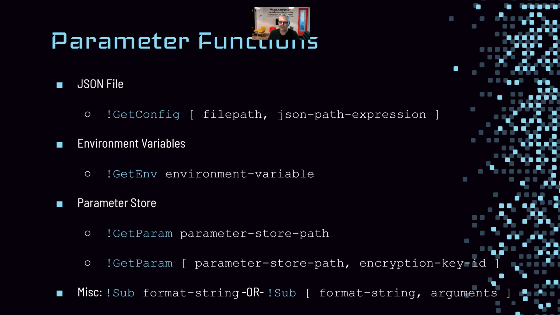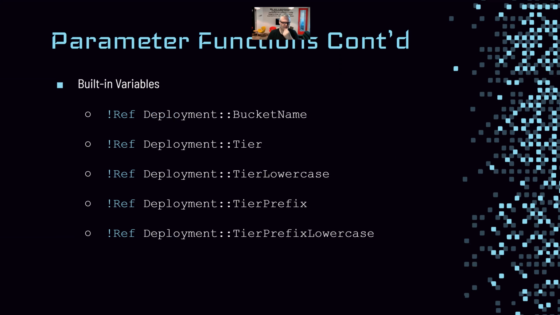Finally, there's also the substitute function that also exists in CloudFormation files or LambdaSharp modules. And this one allows you to effectively build dynamic values. So you can compose things together and just create a composite value by reading an environment variable and so on and so forth. There's also a few built-in variables that you can access that are specific to the deployment.